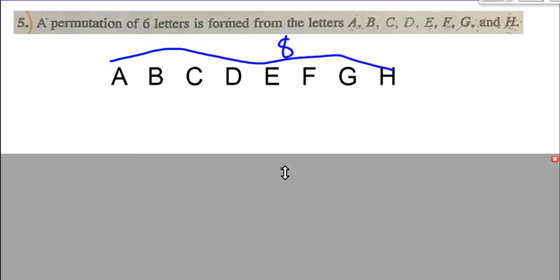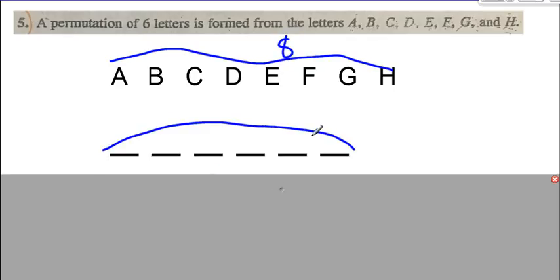Okay. So let's examine what this question is asking. It says a permutation of 6 letters is formed from the letters A, B, C, D, E, F, G, and H. So we're starting with this set of 8 letters, all of which are unique, and we want to create a 6-letter permutation. And remember that permutation is also an arrangement.